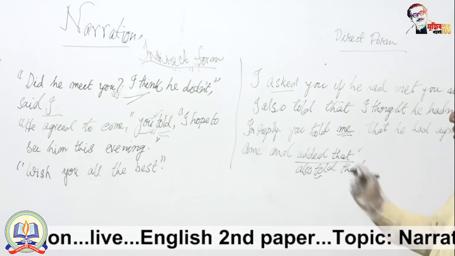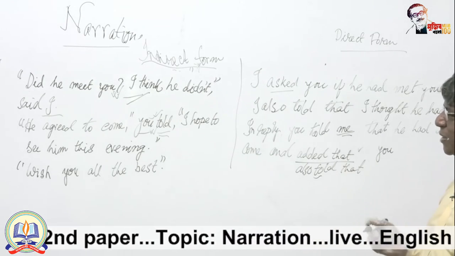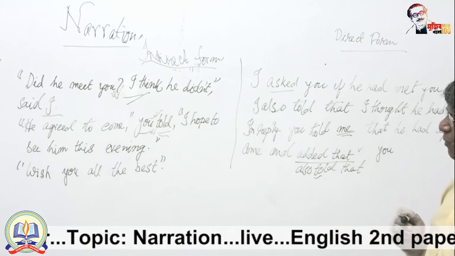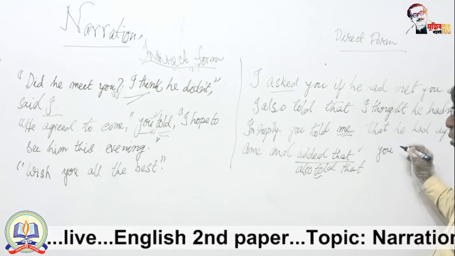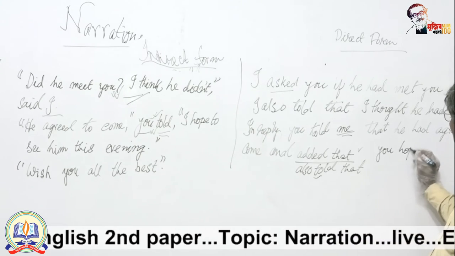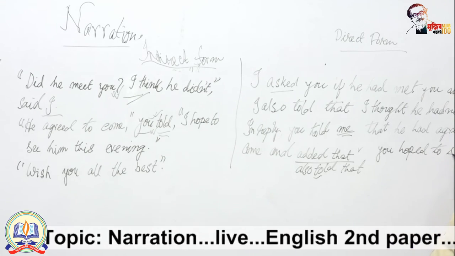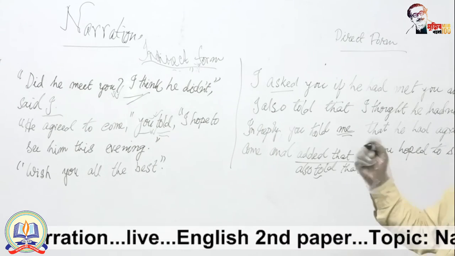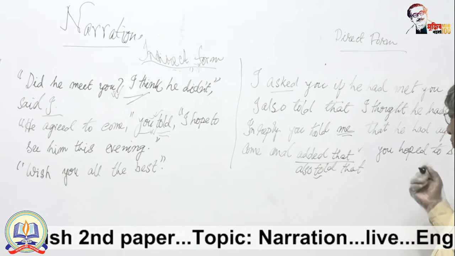I means the speaker, you. Hope is in the present tense, but the finite verb of the reporting speech is in the past form. Therefore, you hoped to see. There will be no change in any non-finite verb, no change of tense form of the non-finite verb.